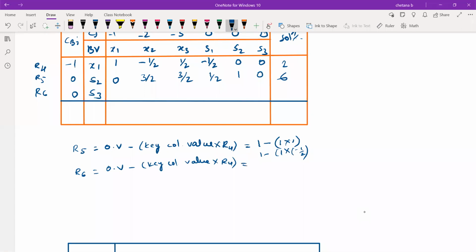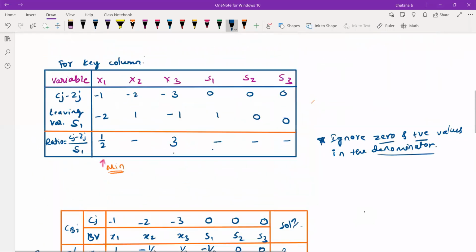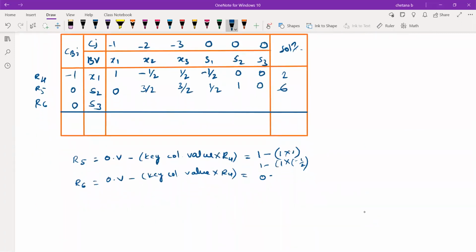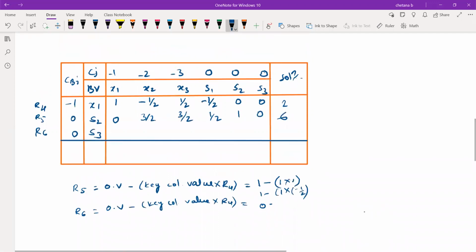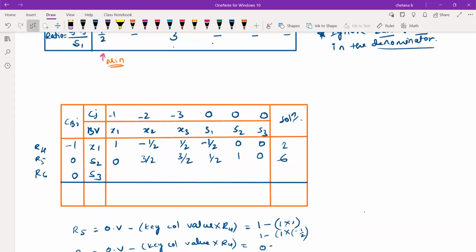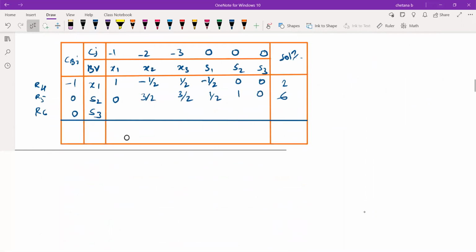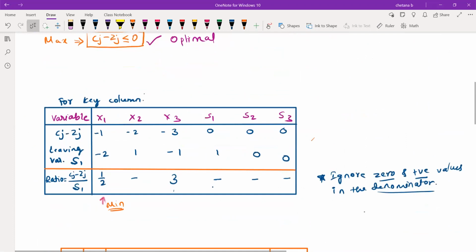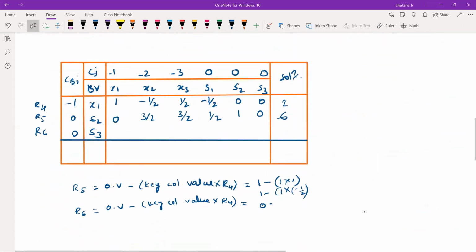So for this, old value is 0 minus key column value, which is 0, into R4.